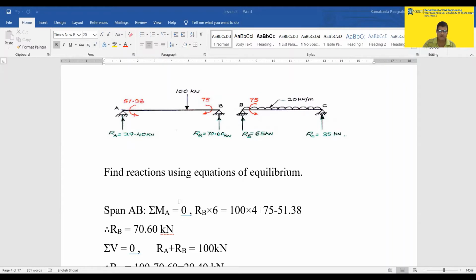So you can take the values: 75 plus 100 into 4, since this span is 4 meter, and then plus 75 minus 51.3, which is equal to RB into 6. Or you can write all the moments on one side: RB into 6 minus this plus this is equal to 0. Calculate the value of RB.